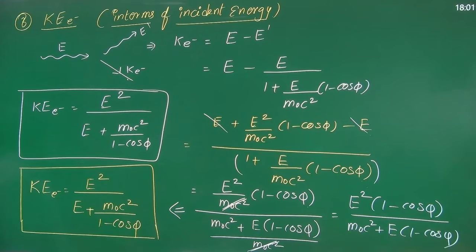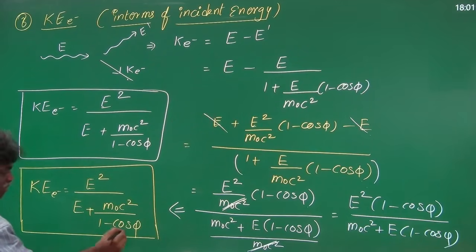Substitute phi 0 here. E square by infinity, 0. 1 by infinity is what? 0. Earlier we have discussed one thing. Forward scattering, phi equal to 0, there is no change in the scattered photon. That's why kinetic energy of electron must be 0.